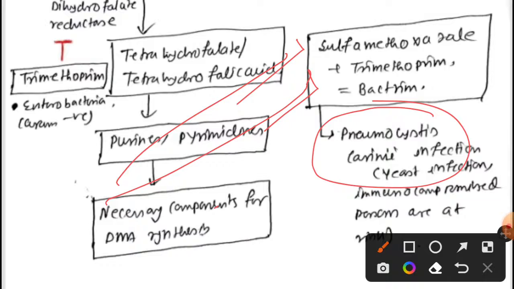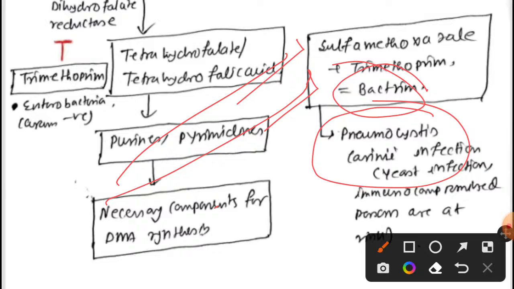That means we block the first step along with the third step. This mixture is known as Bactrim, and it prevents Pneumocystis carinii infection caused by yeast.